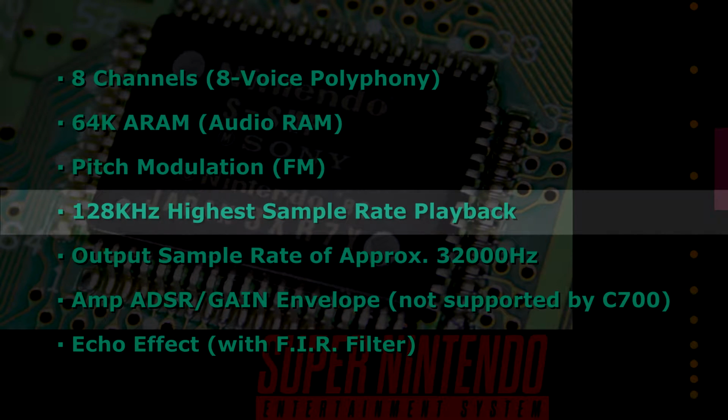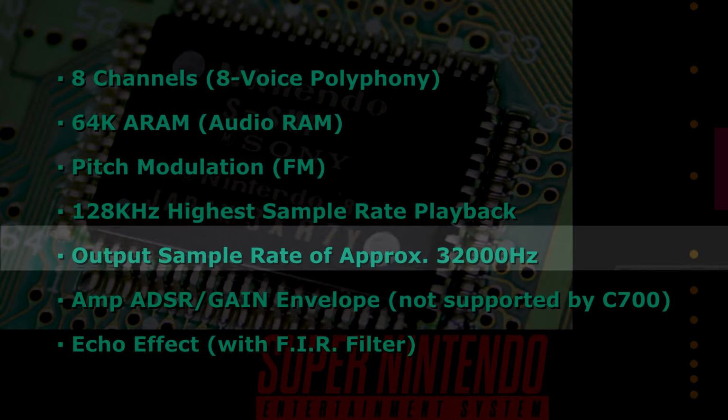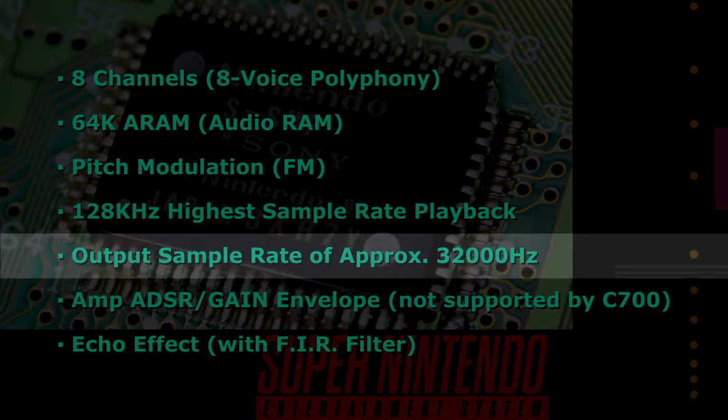The SNES can output at a sample rate of up to 128 kilohertz. When you have samples that play higher than that, the pitch will loop back around. I'll get into that a little bit later. The SNES's general output sample rate is 32 kilohertz. That's not exactly 32 kilohertz.